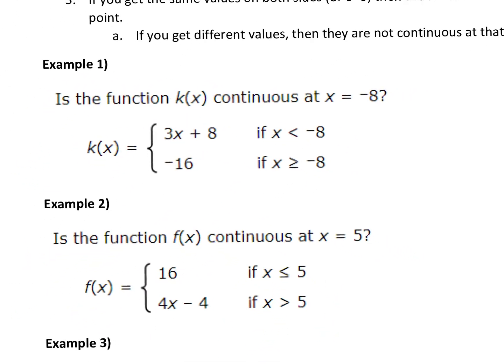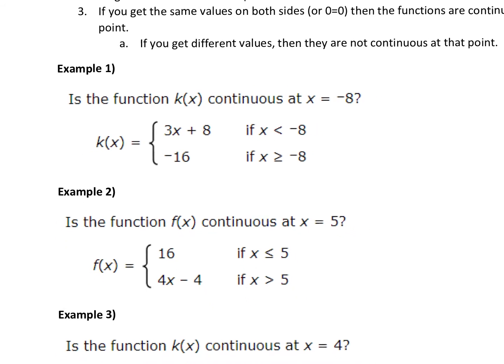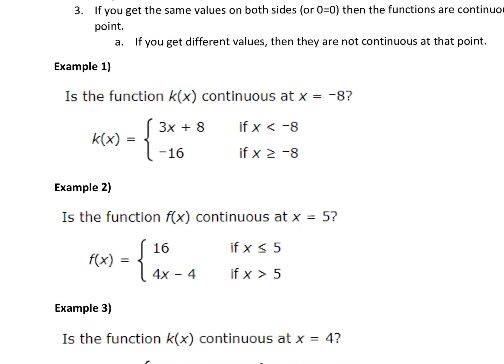Is the function k of x continuous at x equals -8? Well, first we identify what's the potential point of continuity. X equals -8. So now we're going to plug in x equals -8 into both the top equation and the bottom equation. But wait, there's no x down here. It's not -16x, it's just -16.